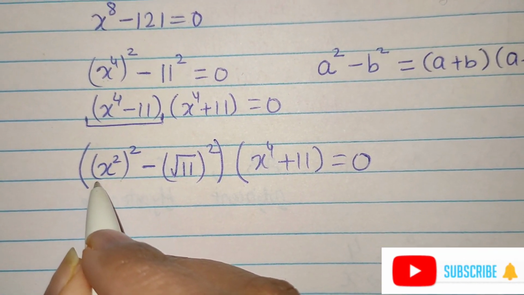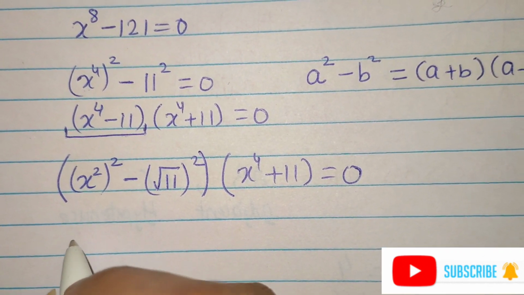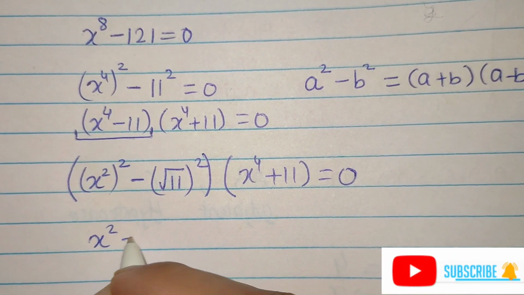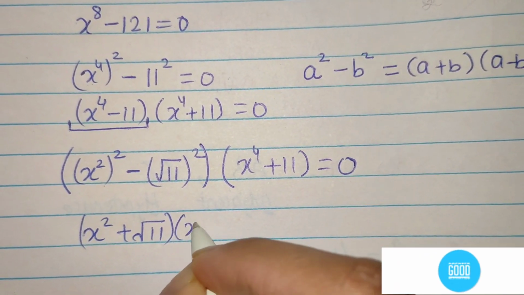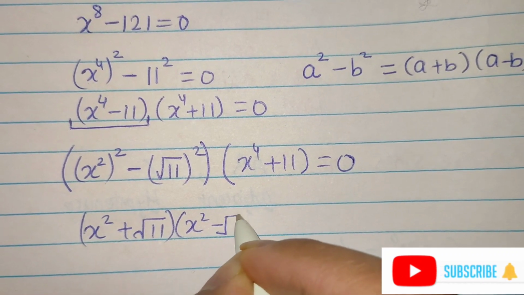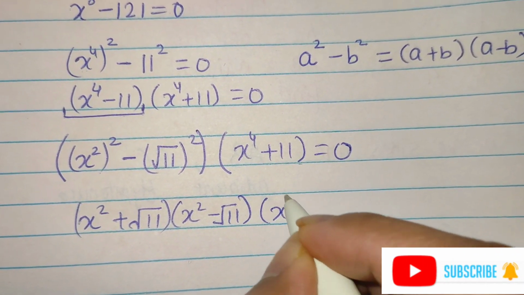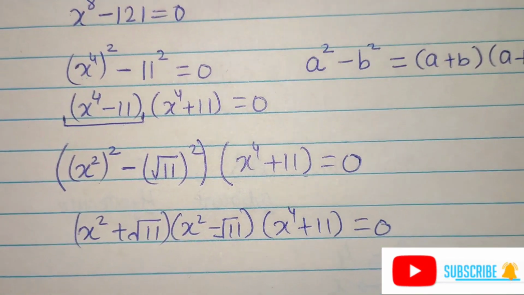Now again I'm going to apply this rule here. So use this formula. That will be (x squared plus square root 11)(x squared minus square root 11), and then don't forget to copy down this bracket, (x to the power 4 plus 11) equals 0.